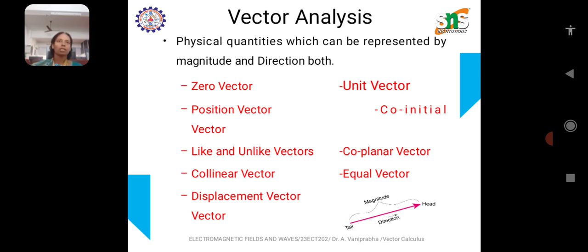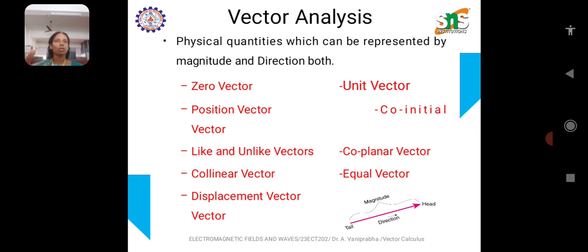Next is equal vectors. Two cars moving at the same speed in the same direction have equal velocity. Same speed means obviously it will be equal velocity. That is named as equal vector. Two identical cars moving at the same speed in the same direction have equal velocity vectors.